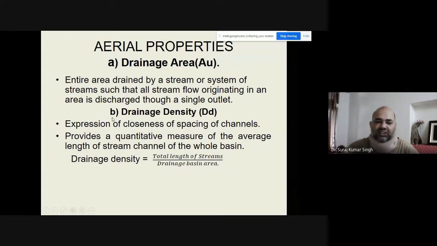So drainage density is the expression of closeness of spacing of channels. Whenever flood pictures or videos come up from Himachal or Uttarakhand or Jammu Kashmir, and then you see a flood of UP, Bihar, you'll see the intensity of the rivers is quite less in the plain areas when compared to the hilly terrains.